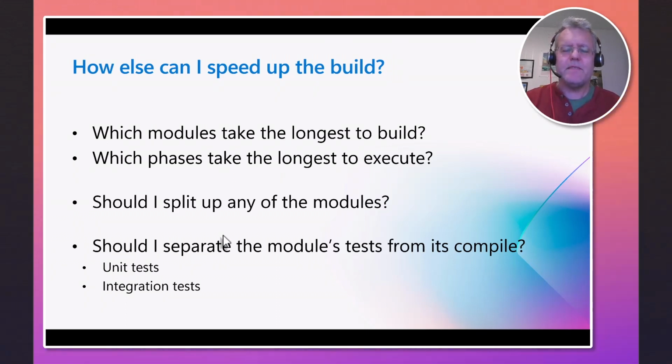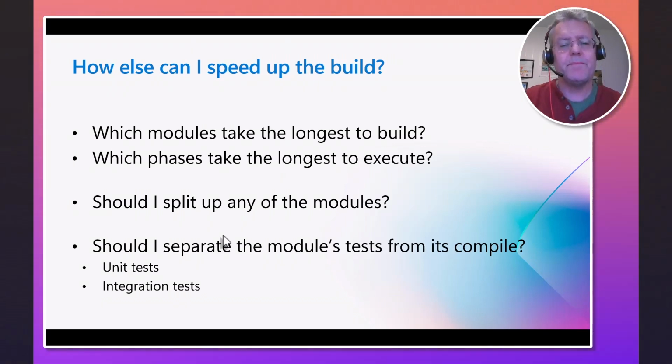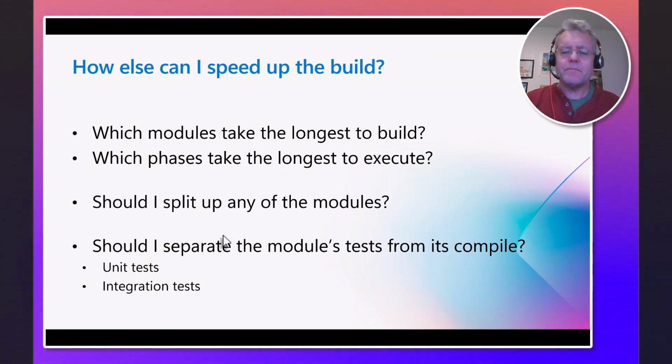So what that means is that even though I've compiled the code, I have to wait for module A's tests to be completed as well before moving on to module B. So if we were to take module A's tests and move them elsewhere, then we could be getting on with module B's compilation alongside running the tests for module A, and so that can save us some time. But then again, it's effort, isn't it, to separate out that module into two separate pieces. So is it really worth it? That's what we can get some insight from.